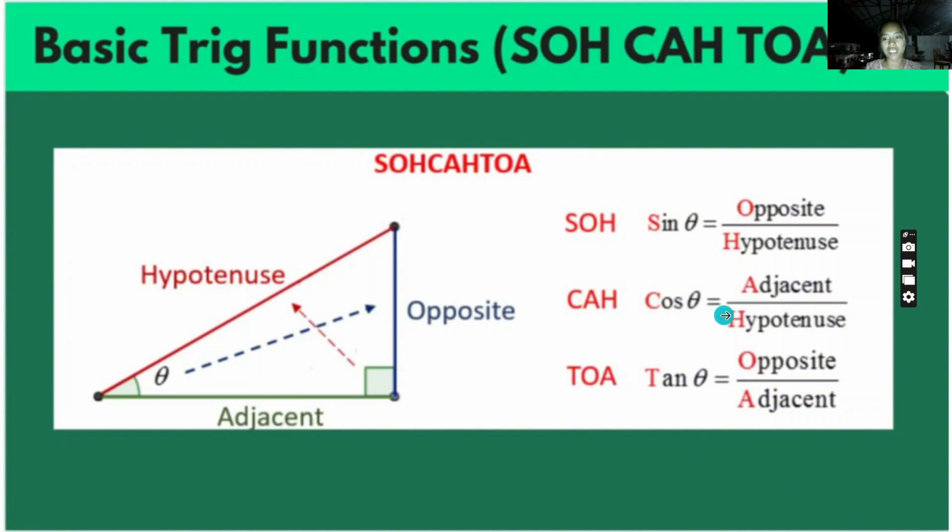So cos theta is equal to the adjacent over the hypotenuse. And TOA, which stands for tangent: opposite over adjacent. So in tan theta, we have the opposite over the adjacent.